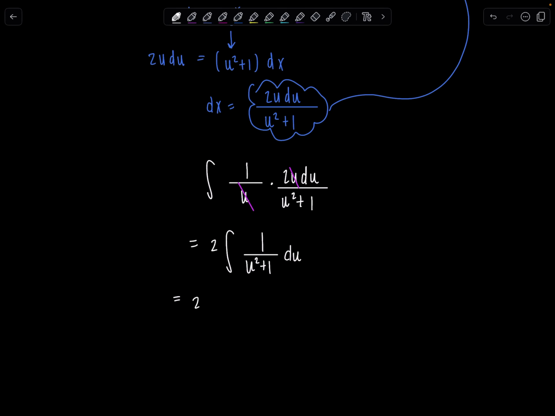So just keep the 2 outside. 2 tan inverse of u plus c, right? We've already anti-differentiated, so make sure you put plus c immediately. And then now we're done. We just need to go back, replace u with the original variable, which was the square root of e to the x minus 1. So this is 2 tan inverse of the square root of e to the x minus 1 plus c.